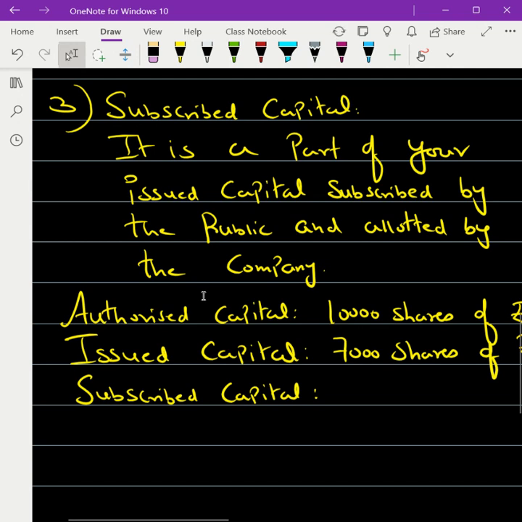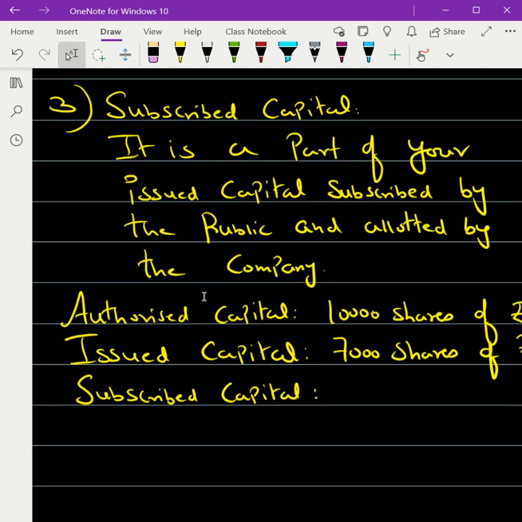So in this case, if the company issued 7,000 and received 7,000, it is an equal subscription. If the company issued 7,000 and received 8,000, it is an over subscription. If the company issued 7,000 but received only 6,000, then it is a case of under subscription. So this leads to your subscribed capital.